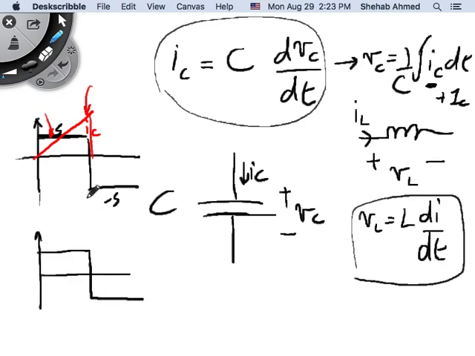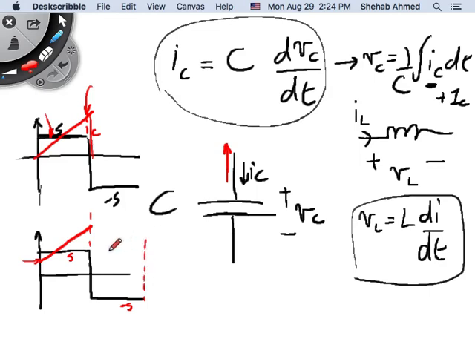Let's say this is my initial condition for the voltage. Then until here, the voltage will look like a ramp up, but this current is 5 and this current is minus 5. So I've put in current in this direction, 5 amps, and then I've put out current of 5 amps in the opposite direction.